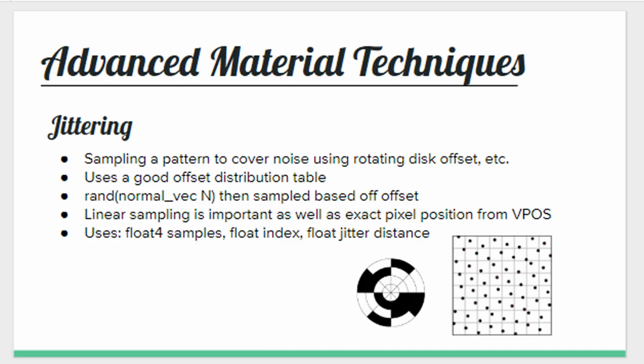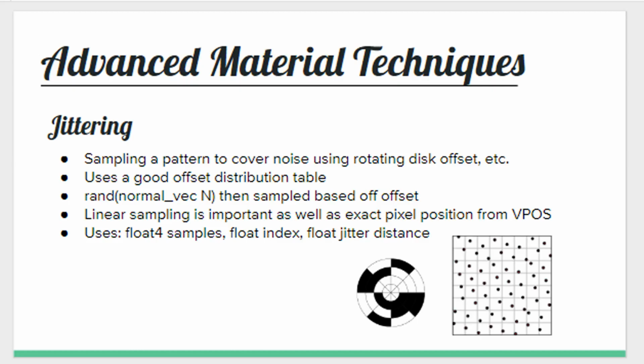What you need, though, is a good offset distribution table, and this is done using a rotating disk offset. We are able to move these points around in order to get a better material. What it does is randomize the normal vector n, and then it is sampled based off this offset.